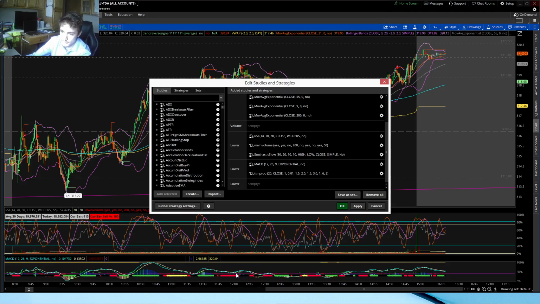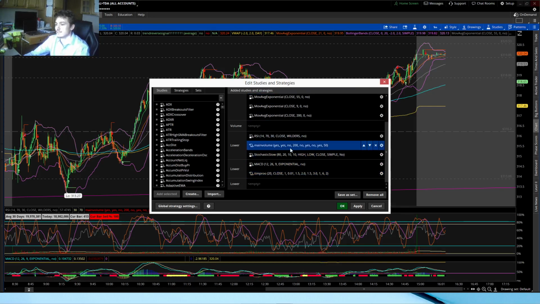It doesn't take up a lot of room, and it's really easy to see. You can see if they're going against each other. So maybe it might not be a good trade to take if they're going against each other. But if they're lined up, it makes sense. I don't know if you knew you could add them together.